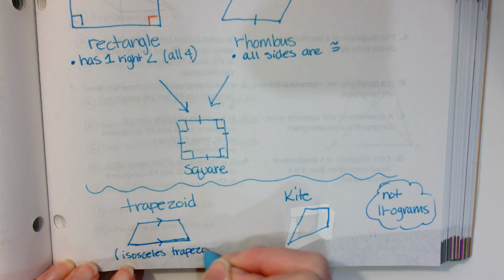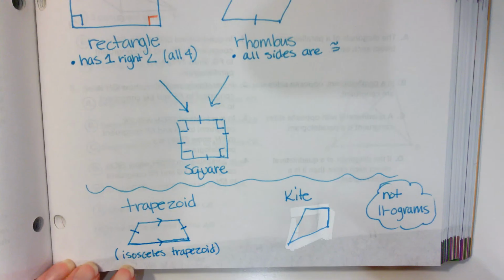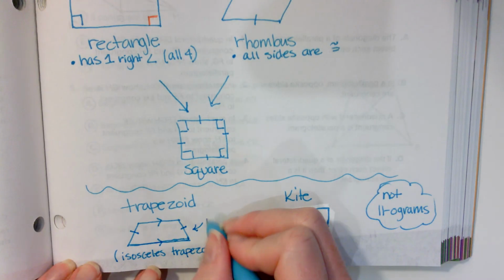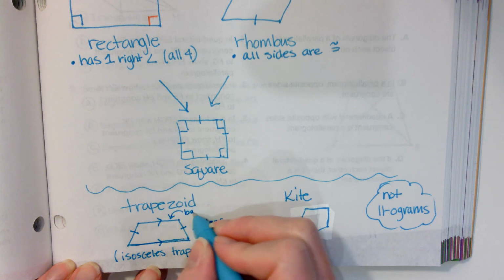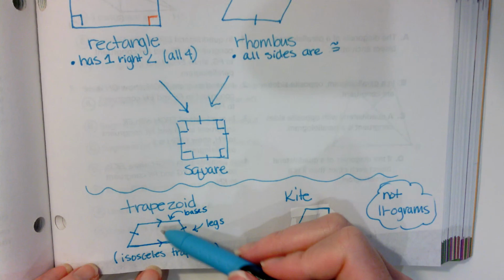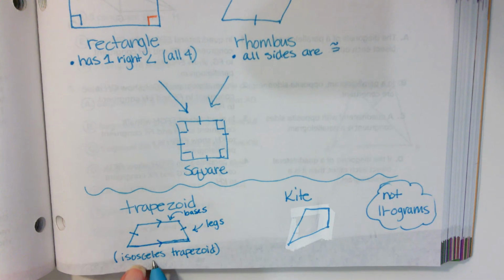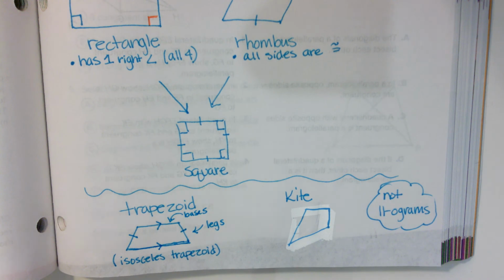Isosceles trapezoids are special because they also have a pair of legs. This is referred to as the legs, and the top and the bottom are referred to as the bases. So it has one pair of parallel sides, and if it's isosceles, then it would also have congruent legs and congruent base angles. And so we'll be looking at trapezoids.